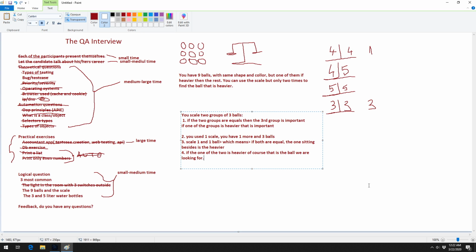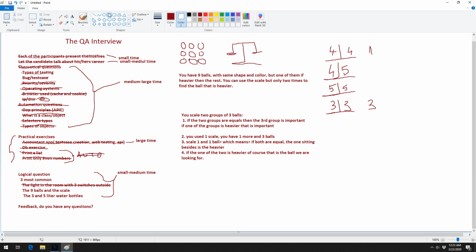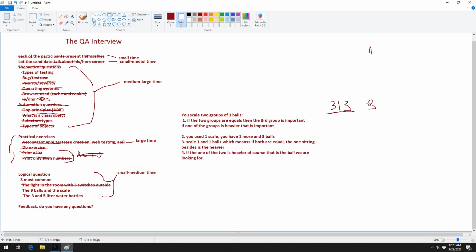Not so hard, right? It's just a matter of thinking and logical thinking, and I'm gonna tell you, in these exercises we don't really look for the solution, because you may have done these exercises in your free time, or you went to different interviews and you already solved this with somebody else.